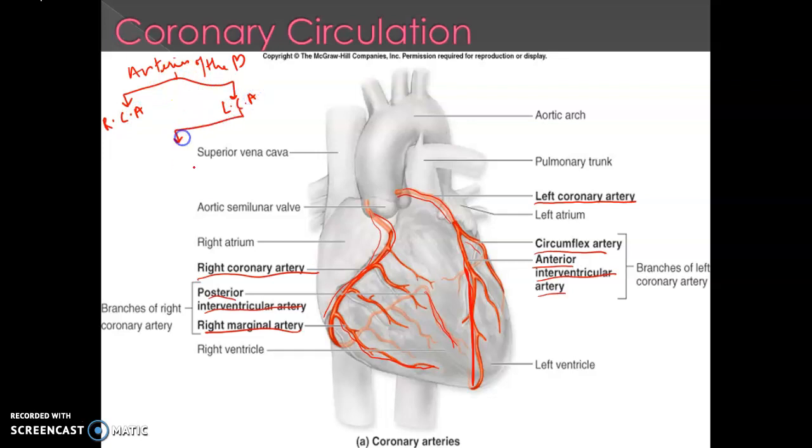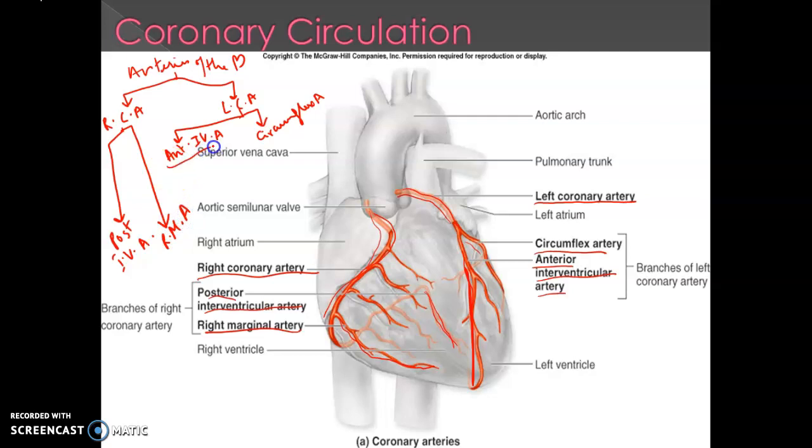The left coronary artery divides into anterior interventricular artery and, which one? Circumflex artery. The right one divides into posterior interventricular artery and right marginal artery.